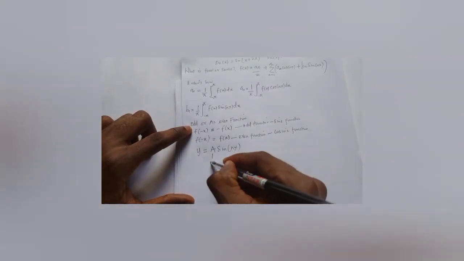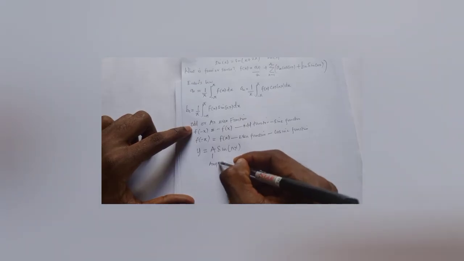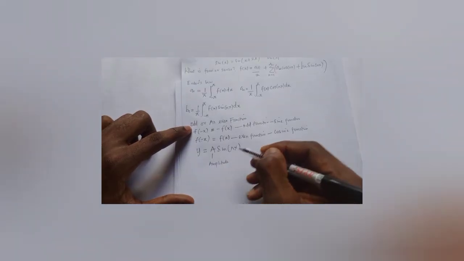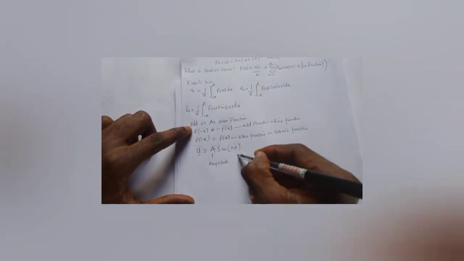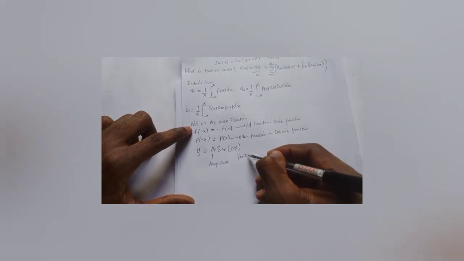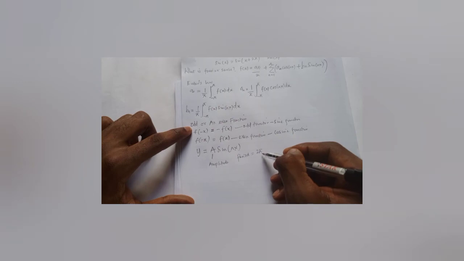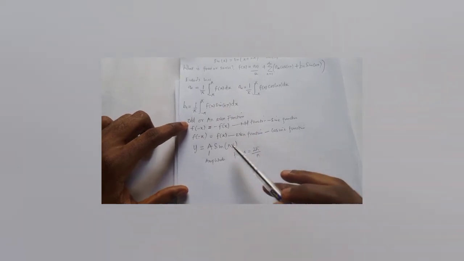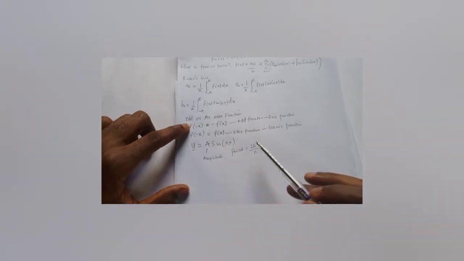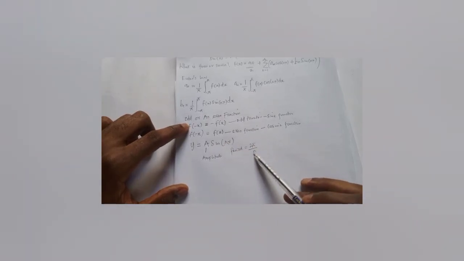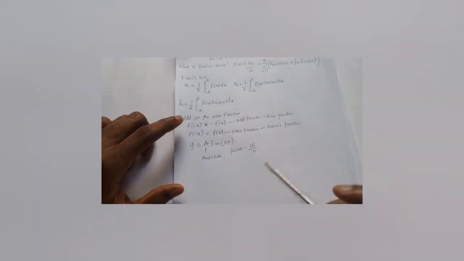A is the amplitude, and the period is equal to 2 pi over n. The value of n given in the sine will divide 2 pi. So that's how to calculate the period of a function.